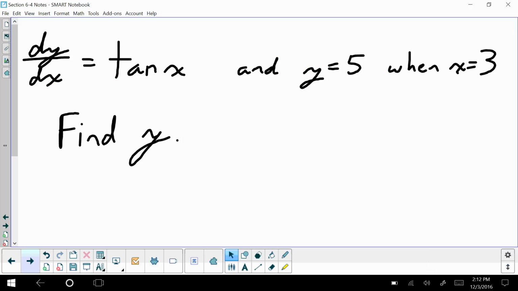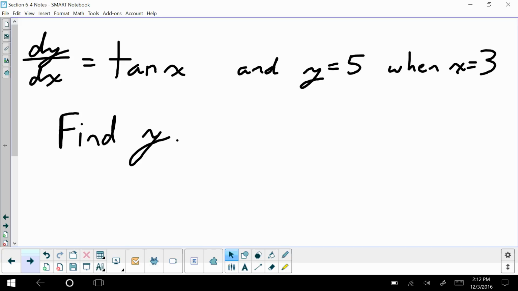So what these tend to look like are things like, I know the derivative equals tangent, and when x is 3, y is 5, and I want to find out what y is. We've seen similar ones like this when we were finding antiderivatives before we learned about definite integrals. It's just a more formalized structure for this.